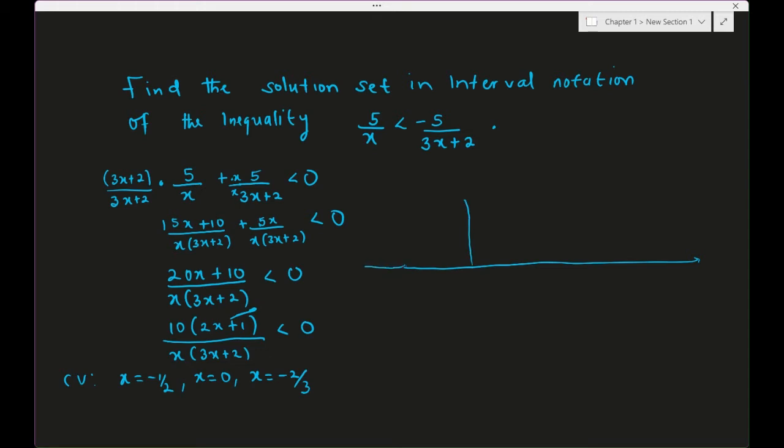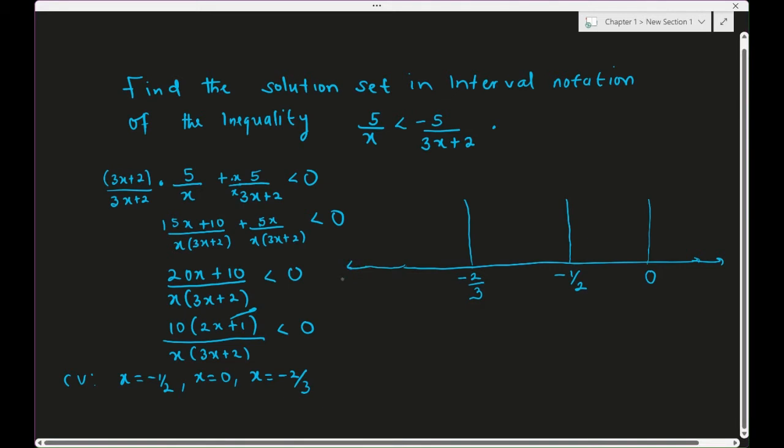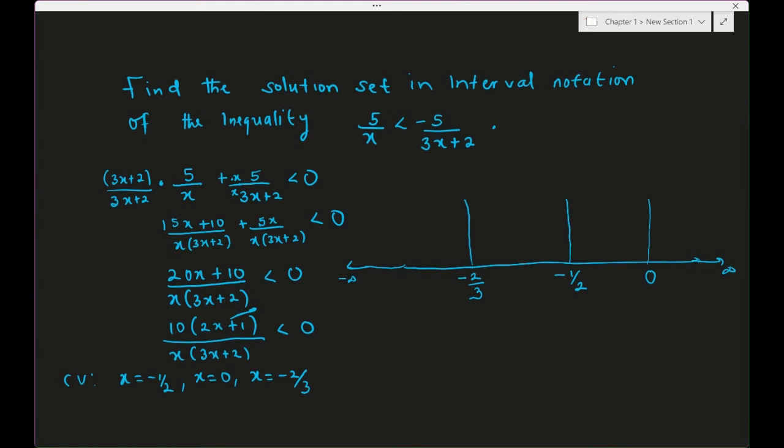The smallest in this case will be minus 2 over 3, followed by minus half, then 0. So these are the critical points. This is minus infinity, and this is going to infinity.